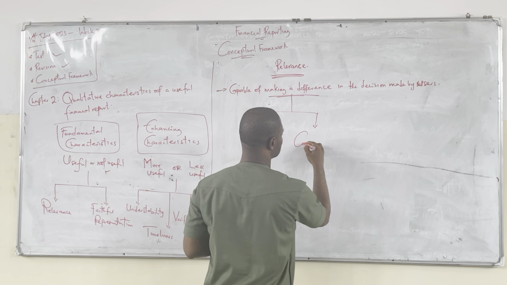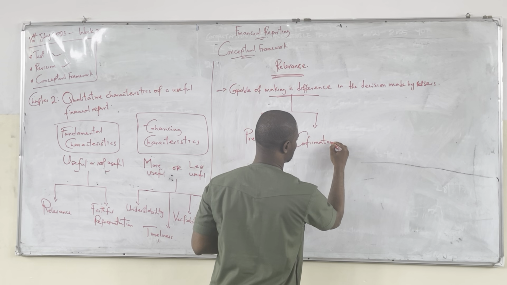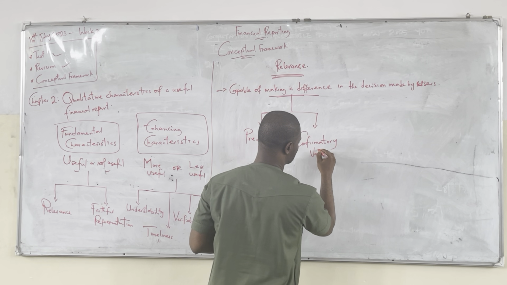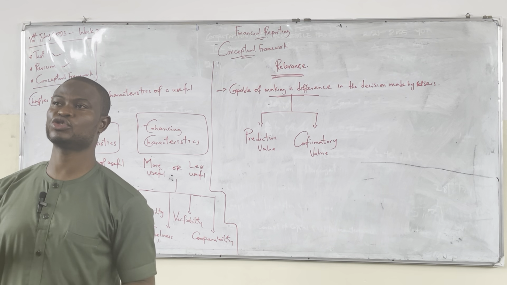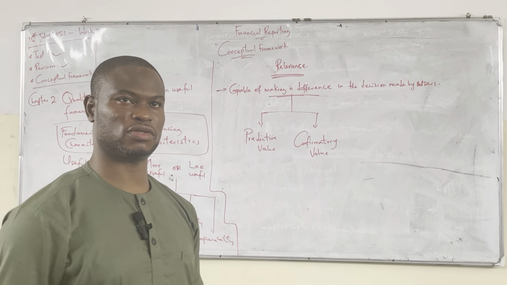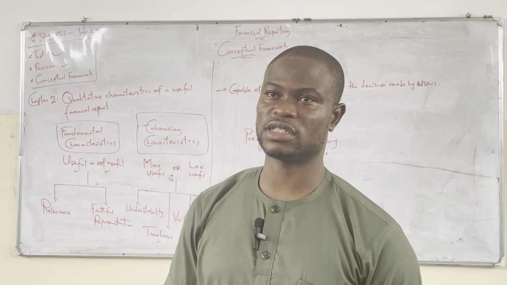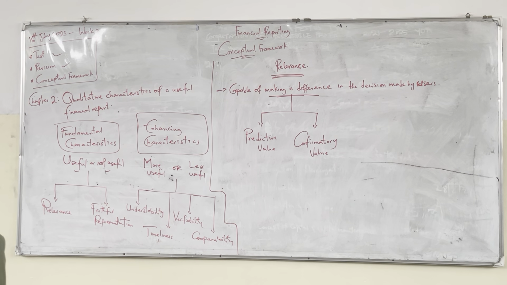Two is confirmatory value, meaning that you should be able to use it to confirm your prediction. So when it comes to relevance, predictive value must be present and confirmatory value must be present.